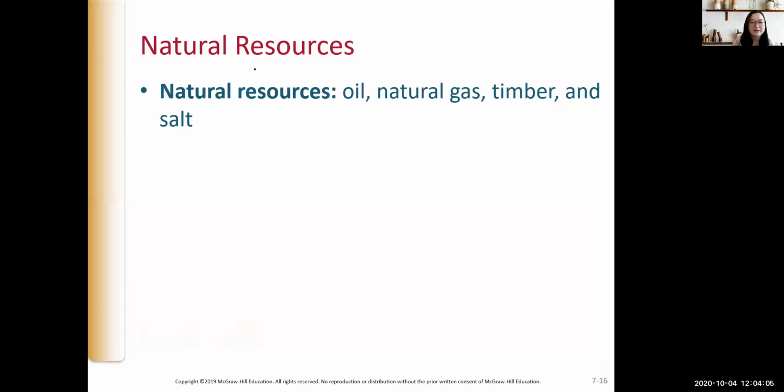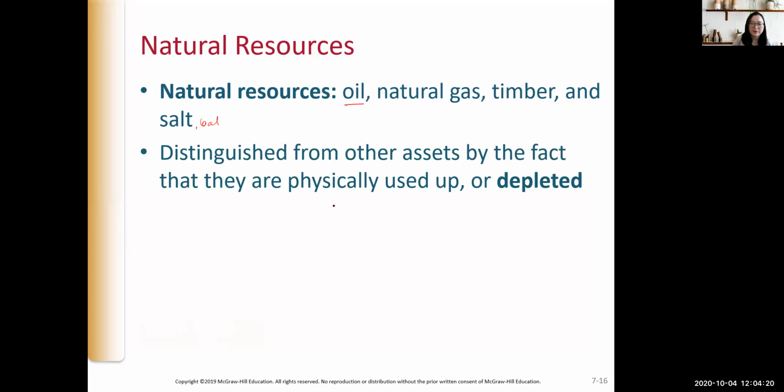Okay, and then the last tangible asset we want to talk about is natural resources such as oil, natural gas, timber and salt, right? Or even a coal mine. And it's distinguished from other assets by the fact that they are physically used up or depleted. So in other words, if you buy equipment, naturally you look at it, it does not shrink, right?